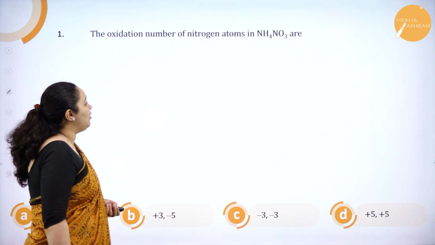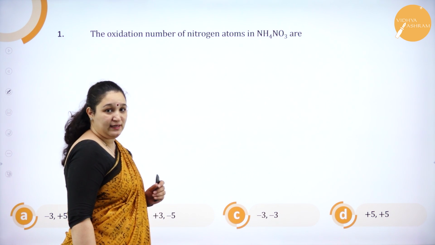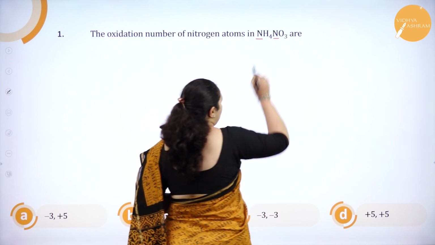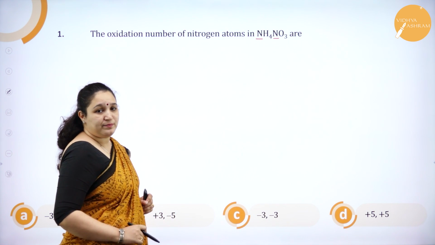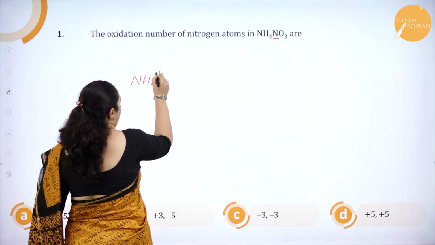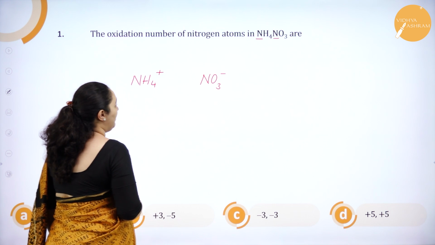The oxidation number of nitrogen atom in NH4NO3 are, that is, they are asking you to find out the oxidation number of both the nitrogen atoms here. So, ammonium is present as +1 and NO3 is -1.